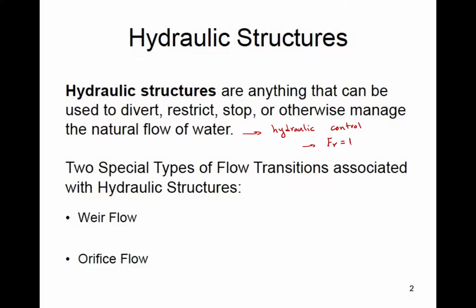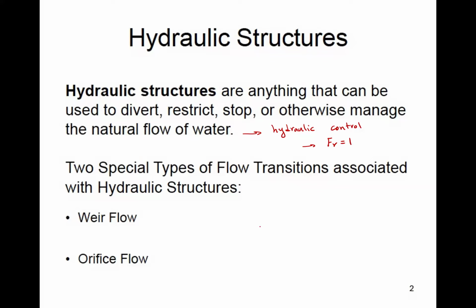Now, what types of hydraulic structures in general do we have in terms of hydraulic controls? We can look at these in kind of 2 large categories. We can look at weir flow and also orifice flow. So the 2 big categories.